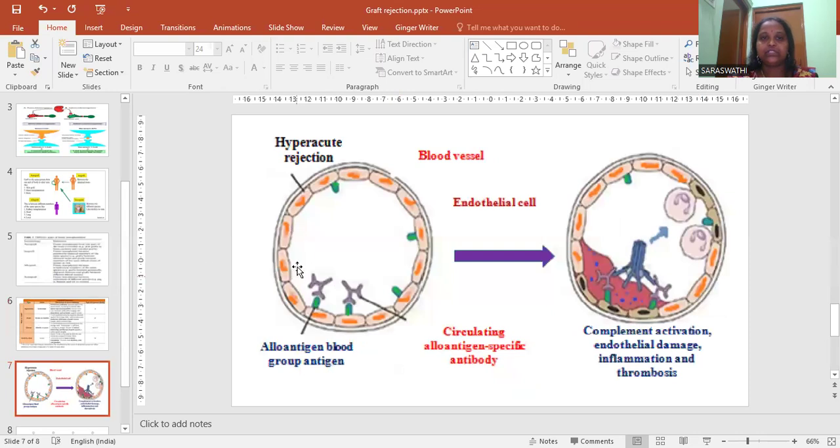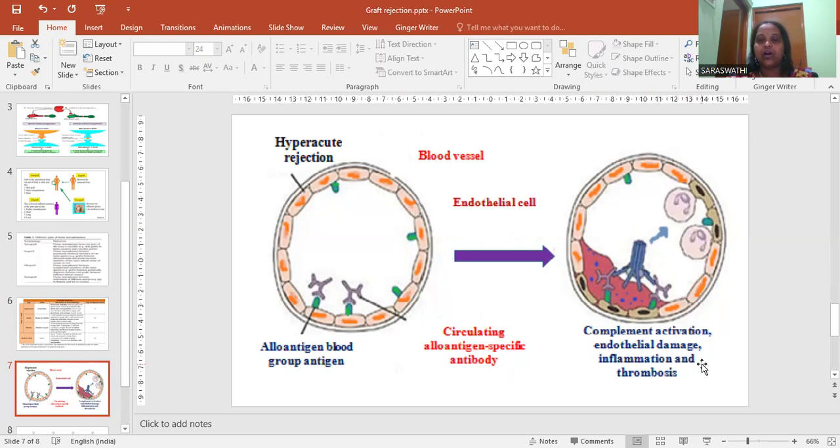I'll take one example here for hyperacute rejection. In hyperacute rejection, the alloantigens are a group of antigens circulating in the blood. Against them, specific antibodies will be synthesized in our body. They bind to the alloantigens and lead to complement activation and damage of the endothelial cells of the blood vessels, which activates other cells, causing inflammation and thrombosis.